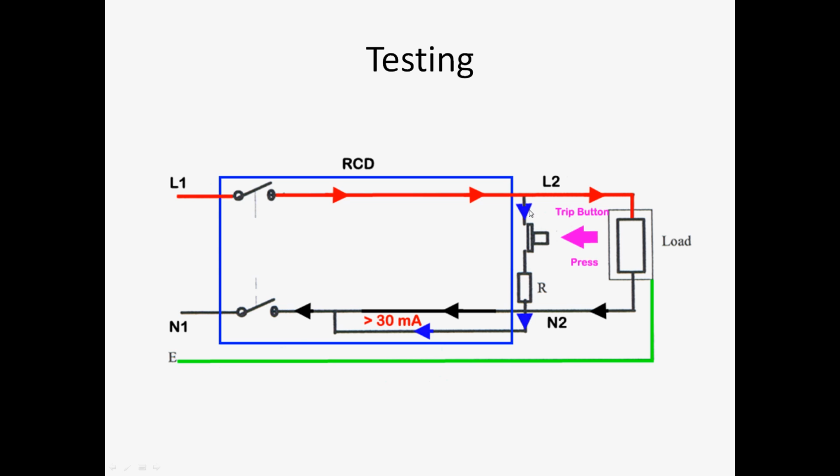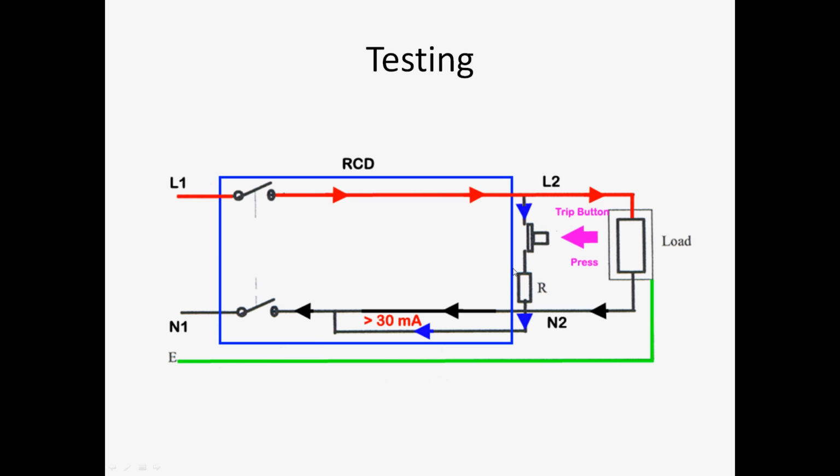Here some current is bypassing the load, or is shorted to the neutral outside the RCD, which means it is not detected by the RCD. But the RCD will detect the imbalance in the current flowing through line and neutral.